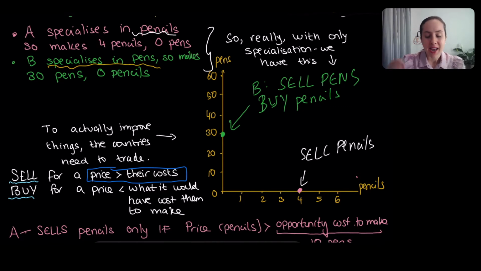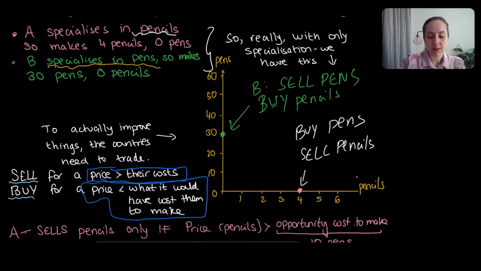At the same time, A wants to sell pencils, but they only want to buy pens if it's a really good deal for them, and that's going to mean acquiring pens for cheaper than what it would cost them to make. So definitely write down these two buy and sell conditions. They are crucial to understand what's going to happen next, and it's going to be really interesting, really cool.